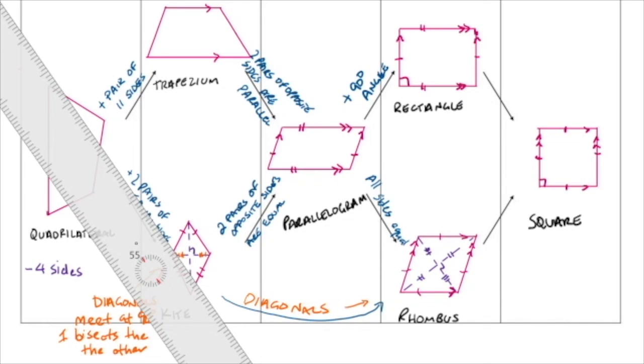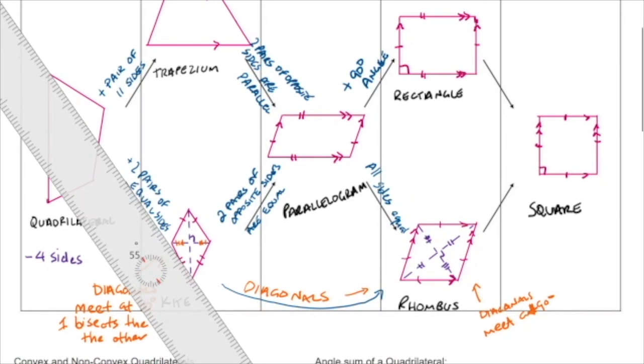So now we have our diagonals, they still meet at 90 degrees, but now they bisect each other. Okay, and I'll just fix up some of my writing there to make that look a little bit better. There we go. So that's what's happening with our diagonals.